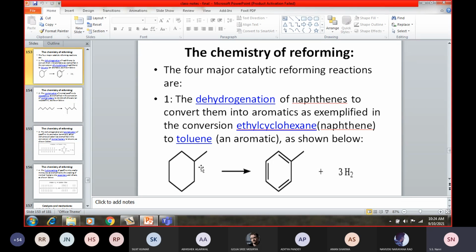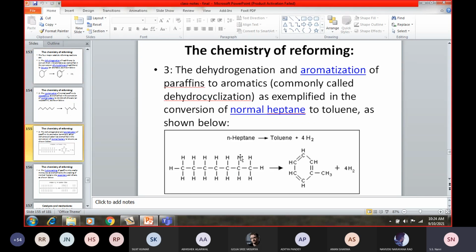And the nature of the structure is alicyclic compound, isn't it? Yes, sir. It is cycloalkane type of molecule. Here, in the third one, you can see it is normal straight chain molecule, isn't it? Which has been first of all cyclized, and then it is dehydrogenated to give you a toluene molecule.